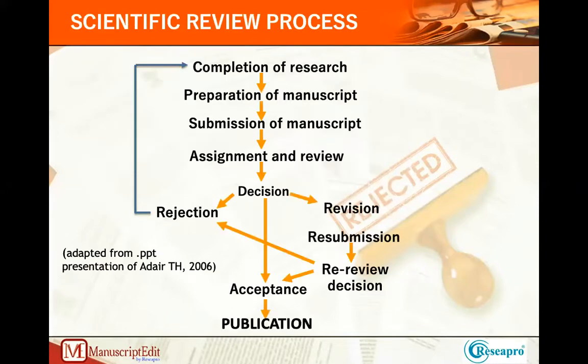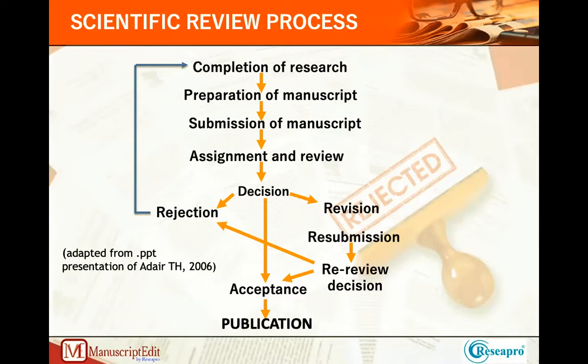Now, here what you see is the complete process of review before a paper is accepted for publication. So, once you complete your research, you prepare the manuscript, submit it, and then it goes to what I discussed earlier, that is the peer review process. Once the review is done, there are two kinds of decisions that are taken by the reviewers.